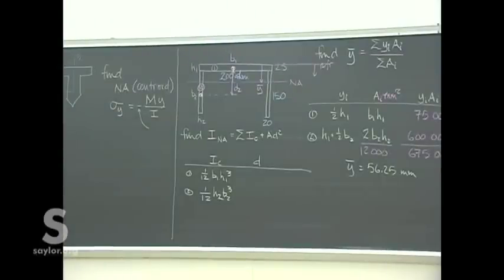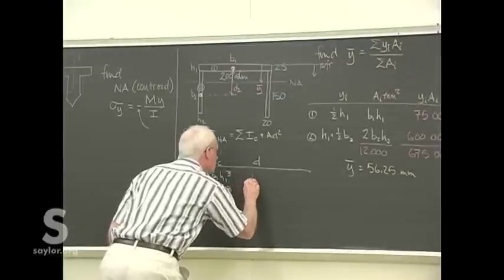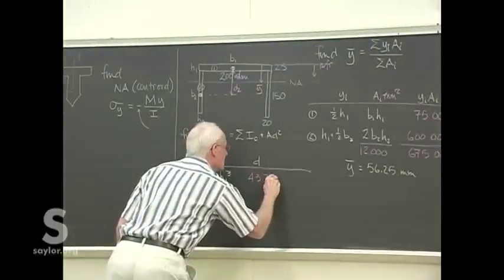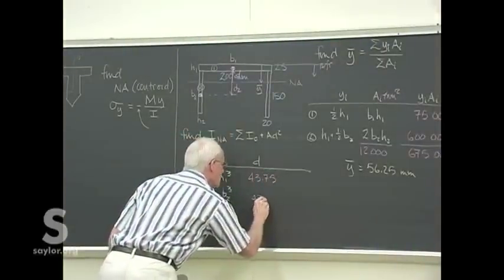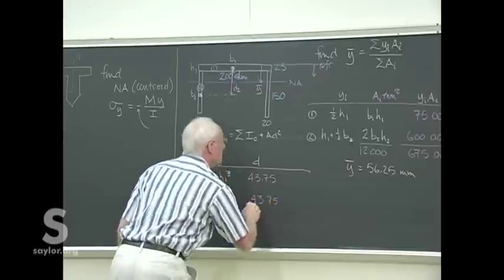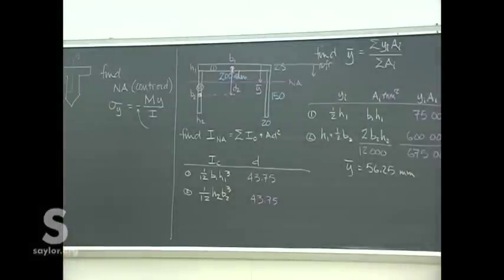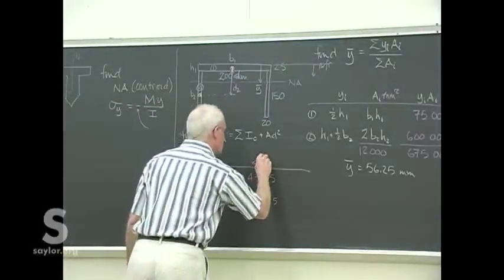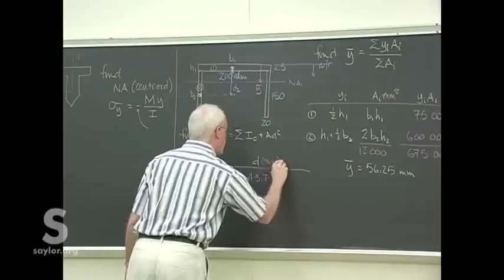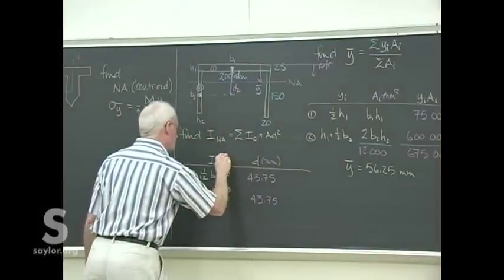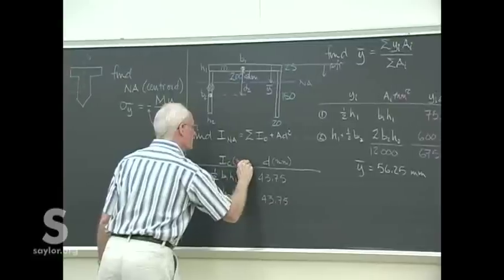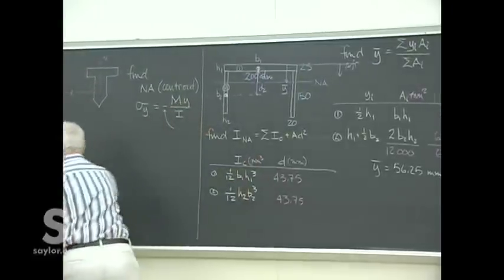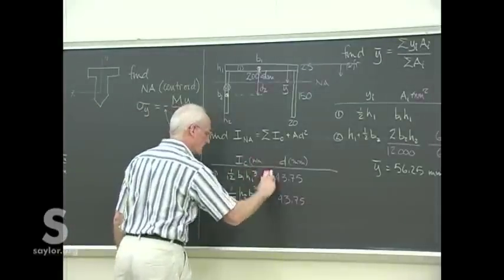We don't use the reference line anymore, we just use the neutral axis. By coincidence, they happen to be the same in this case. It's not usual because remember it had to do with all the widths and the lengths and all kinds of things from that. It just happens to be the same for the two of them. This will have units of millimeters to the fourth, not to the third.